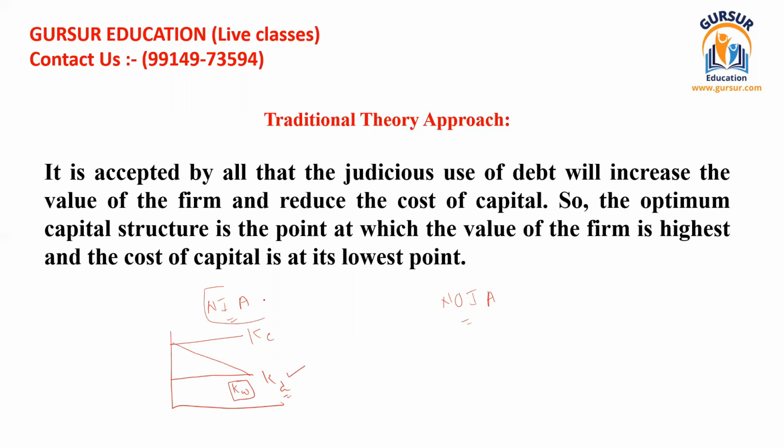But the net operating income approach tells you that because the overall cost of capital is always constant, you are not going to get any kind of benefit with the use of leverage. If you use the debenture, that benefit shall completely be offset with the increased cost of equity capital.